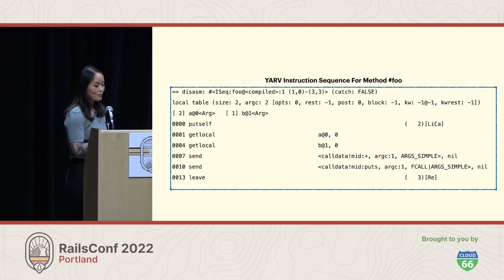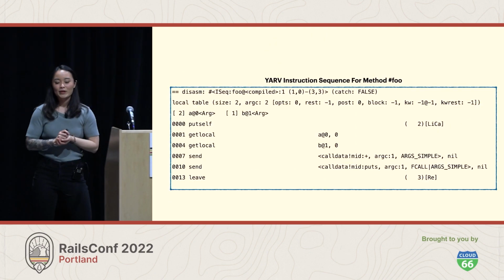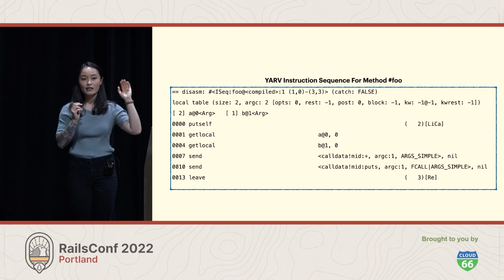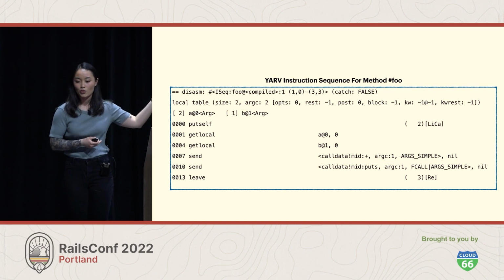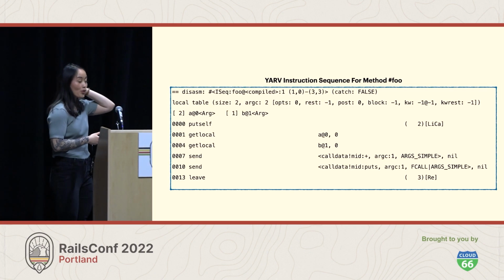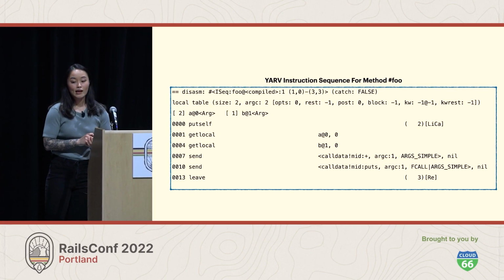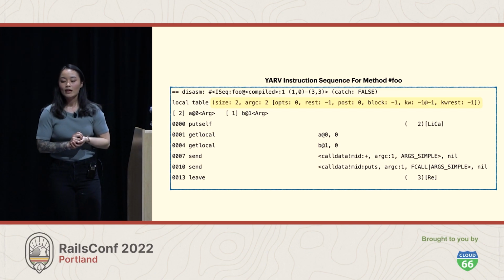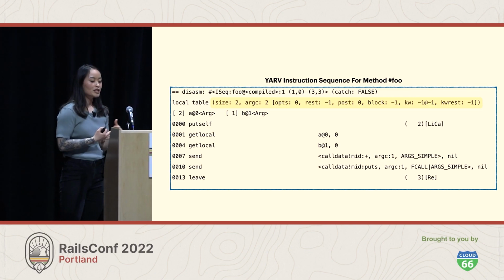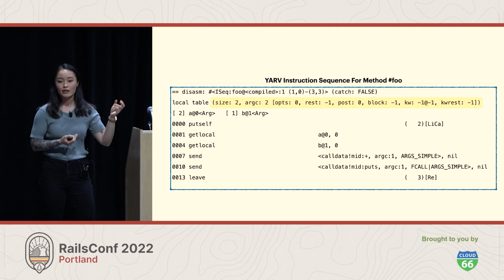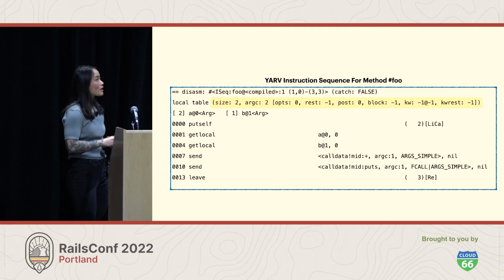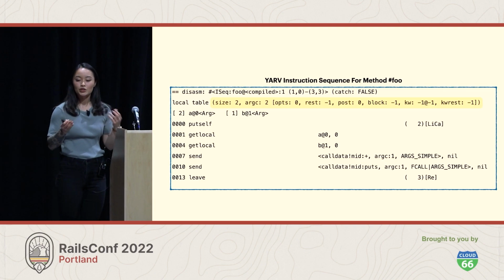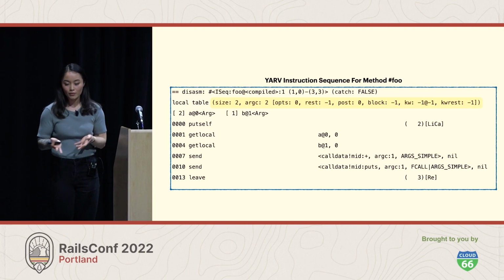Let's take a look at that. I don't know if you can tell, but there's actually additional information in this method scope for foo that I want to point out. The first thing is that the compiler that generated this information is telling us what arguments this method is accepting. You can see the size is 2 because we have 2 arguments and 2 argument counts.